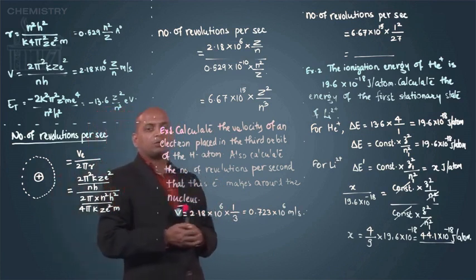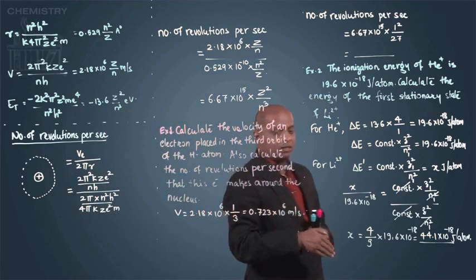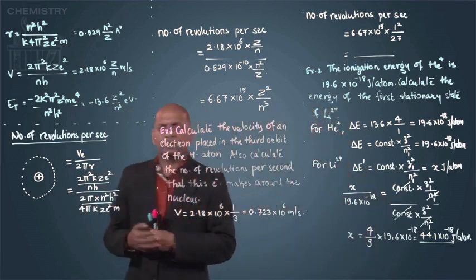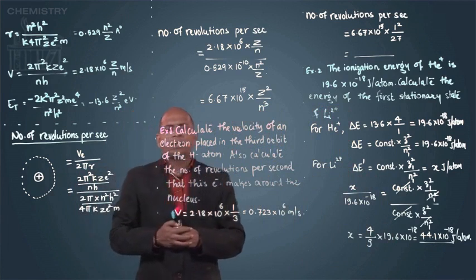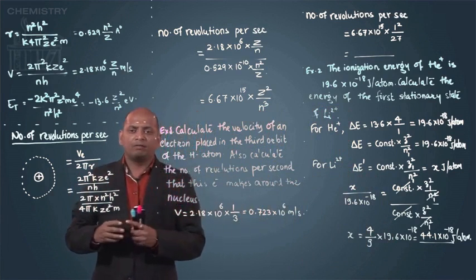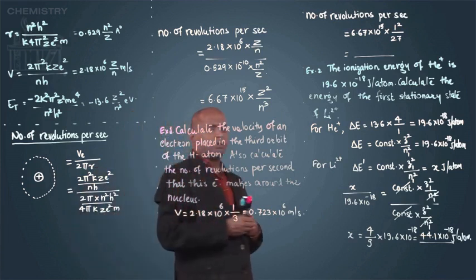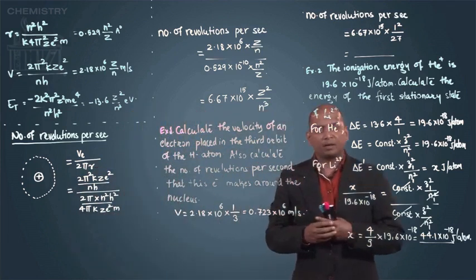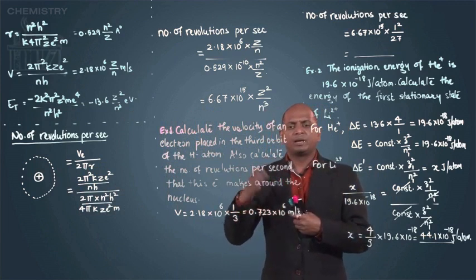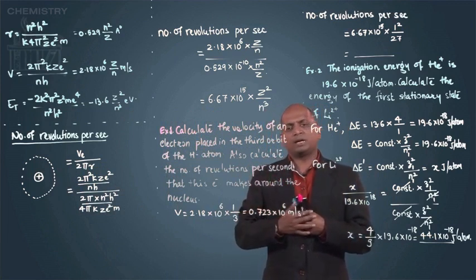So as the nuclear charge increases, ionization enthalpy also increases. This we can easily explain. This is a kind of problem which we will come across while solving some IIT questions. In the next session we will be discussing the excitation of electrons and the hydrogen spectrum.